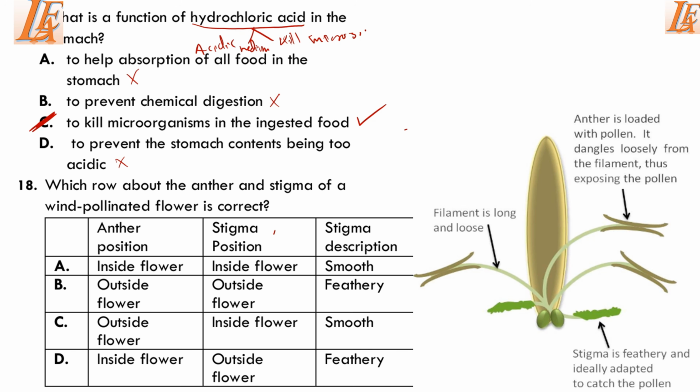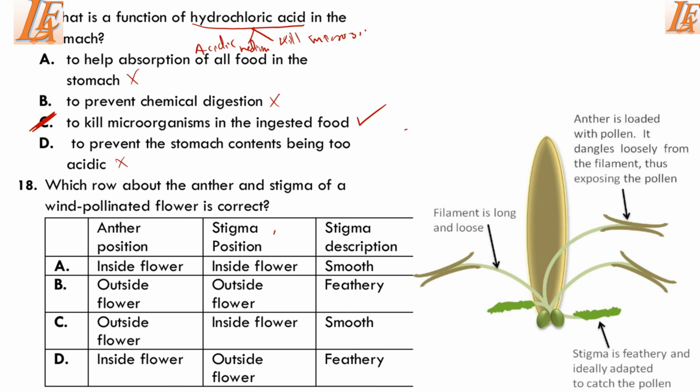Now question 18. Which row about the anther and the stigma of a wind-pollinated flower is correct? In this case, before we move, it's very important to note that for a wind-pollinated flower, anthers are found on the outside of a flower to release pollen grains easily into the air, and also the stigmas are positioned on the outside and are feathery to catch airborne pollen effectively.